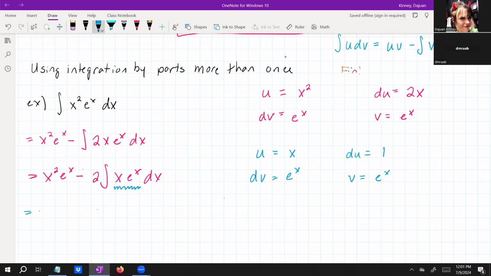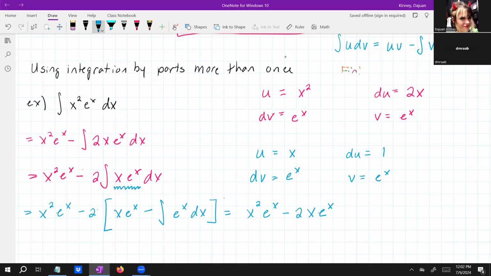Cool. There's my formula. So equals, this comes down. Doesn't come down, you forget about it. Times 2. All right. u times v minus integral du times v, which is just e to the x dx. Okay. x squared e to the x minus 2x e to the x. Antiderivative of e to the x is e to the x, but we have this 2 here.